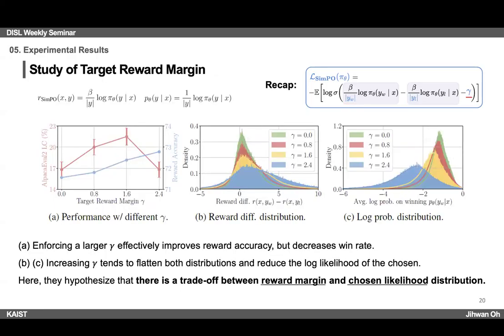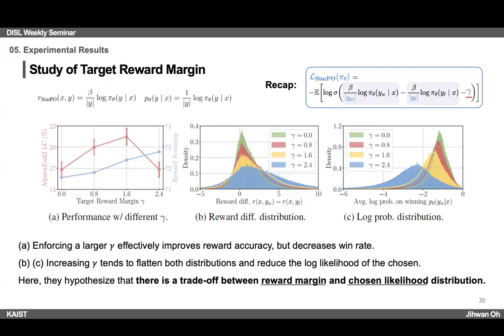And this slide presents an empirical study of the target reward margin, gamma, used in SimPO. As shown in the recap above, gamma is subtracted from the reward difference in the SimPO loss and controls how confidently the model should prefer the chosen response. In the left plot A, we can see how varying gamma affects performance on AlpacaEval 2, colored in red.